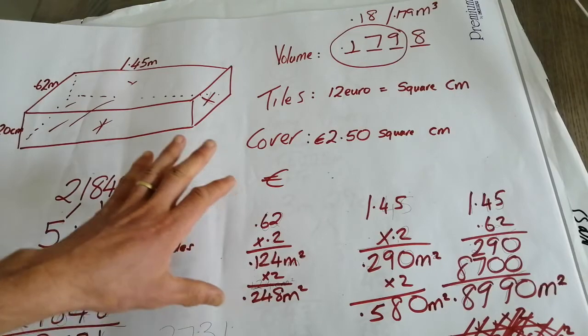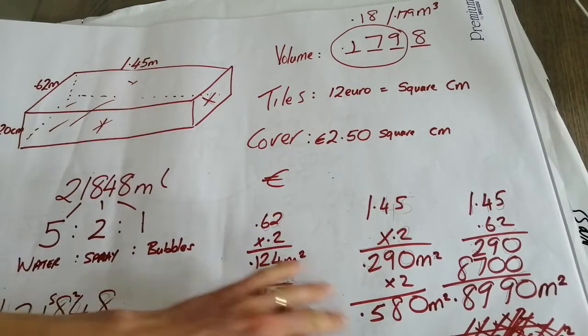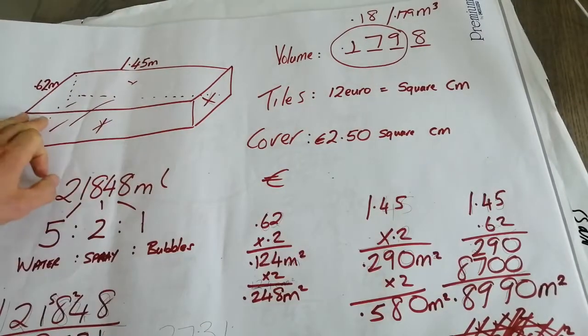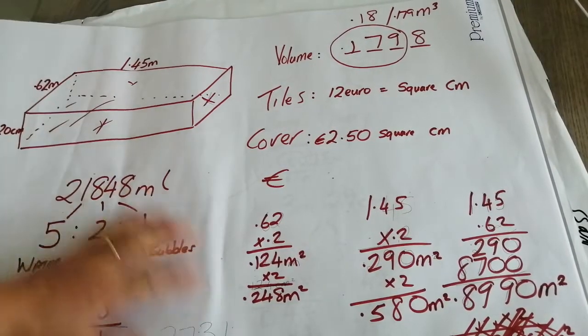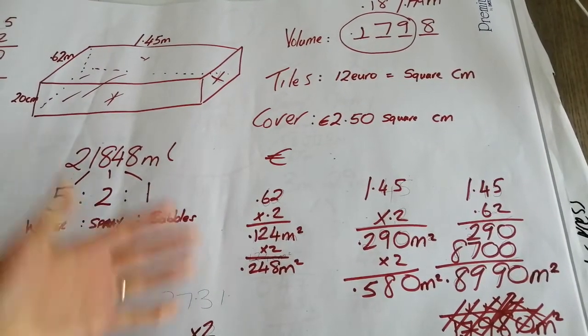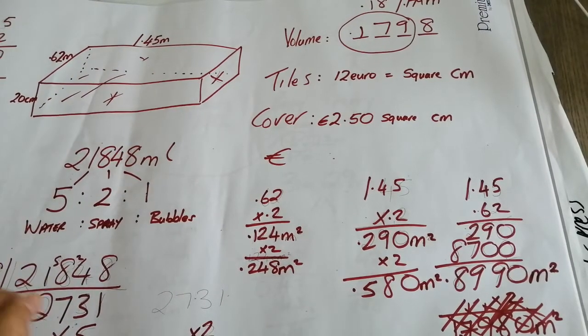So that's the area of the two end pieces here and here. This is the area of the two side pieces, and this is the area of just the bottom. And of course, because I made a mistake, for some reason I thought you could convert square centimeters to square meters, but you can't, because there are 10,000 square centimeters in 1 square meter, and it's completely inaccurate.